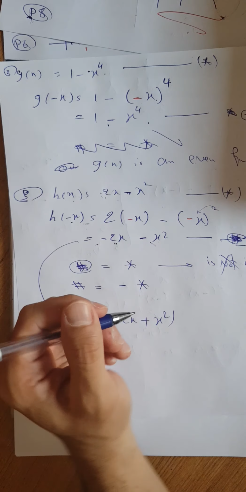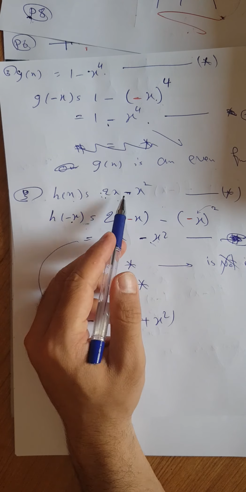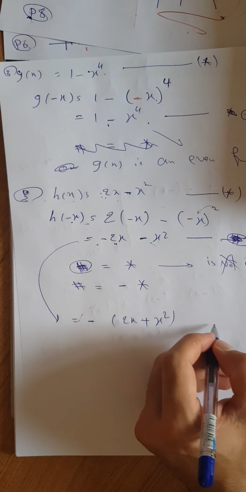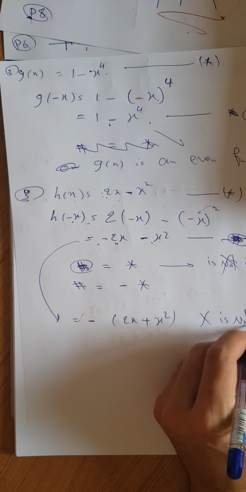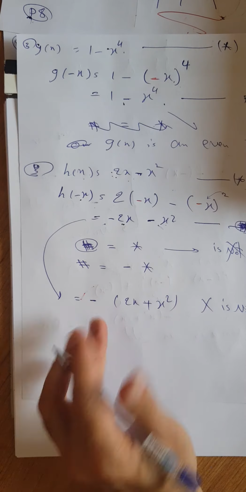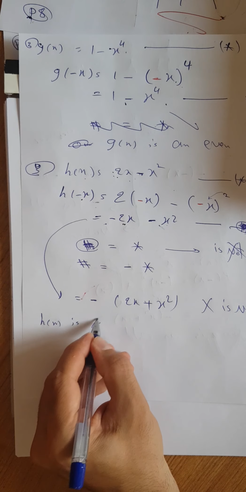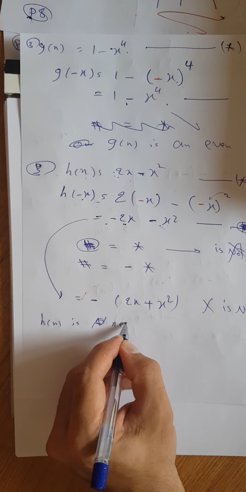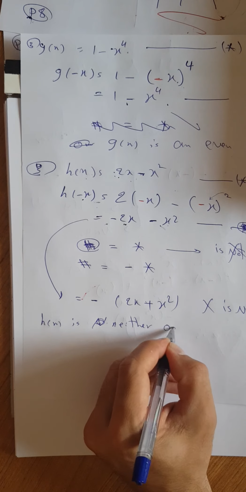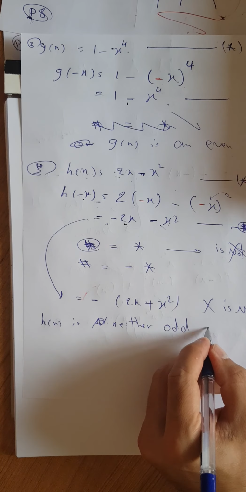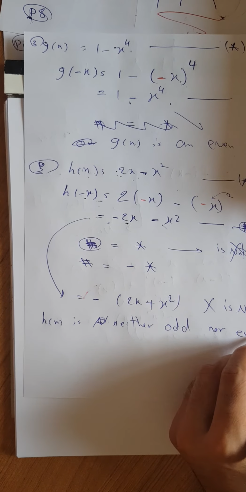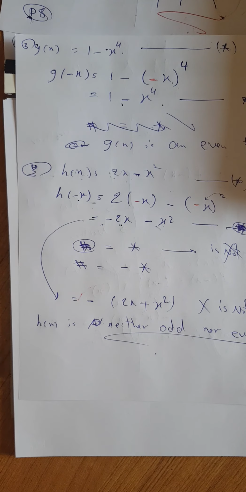Let me check. I have positive here, negative here, so it means it is not equal. It is also not an odd function. So h of x is neither odd nor even. That's all.